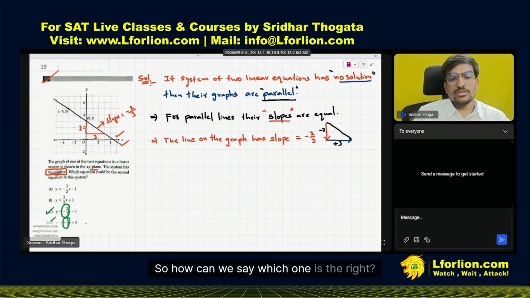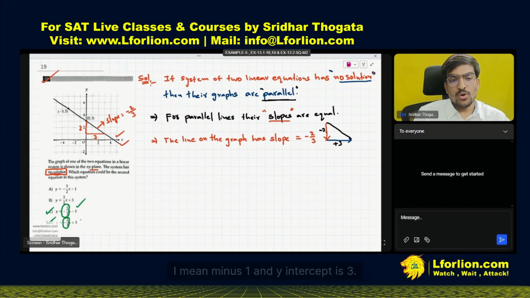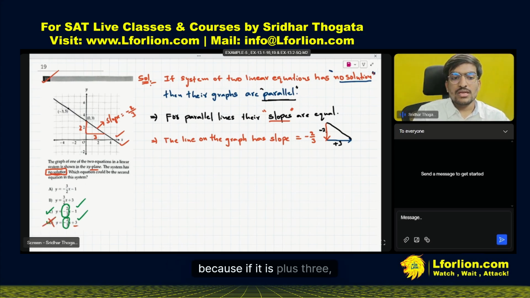So how can we say which one is right? You can see here the y-intercept is -1, and the y-intercept is 3 here. It is definitely not option D, because if it is +3, it's going to be the same line. You see, it is 3, here it is 3.